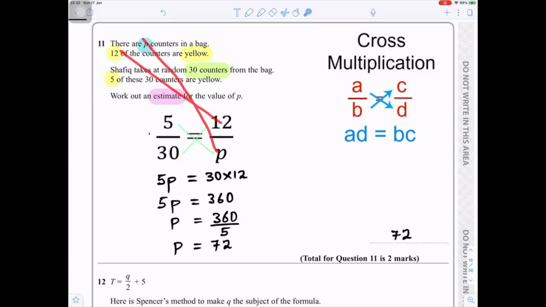So you cross multiply: 5 times P, 5P, equals 30 times 12, which is 360. You divide by 5. P is 360 divided by 5. It gives you 72.